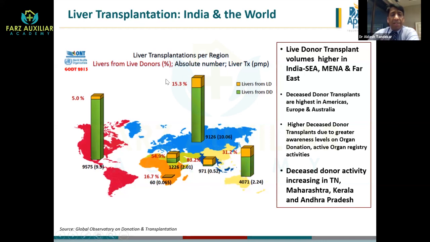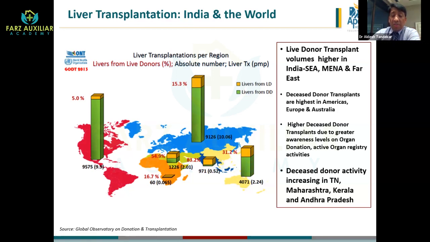The liver transplantations are maximum in absolute number in these European countries as well. Especially in Europe, America and Australia, the transplantations are becoming higher, and the majority of these organ donors are cadaveric organ donations.